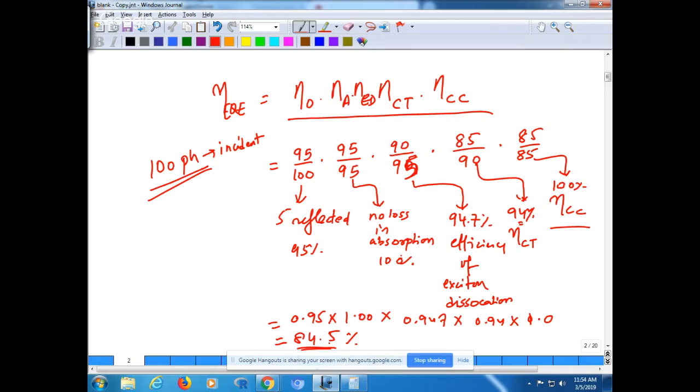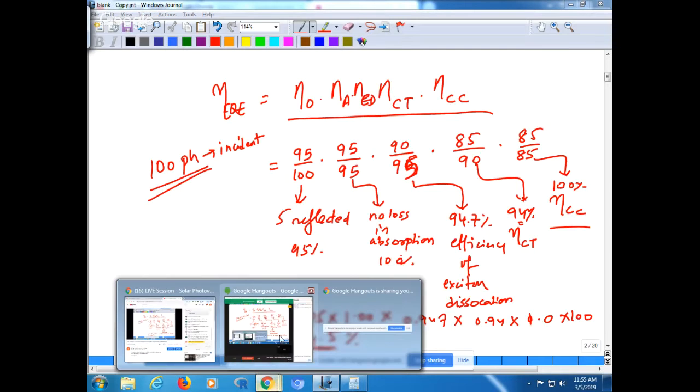So if you multiply this by 100, you will get quantum efficiency of 84.5%. This is what is meant by quantum efficiency in solar cell devices. And then another question. I'll stop the screen share now.